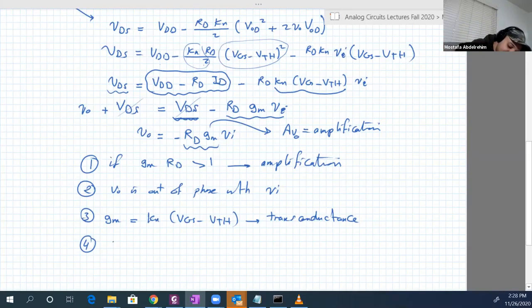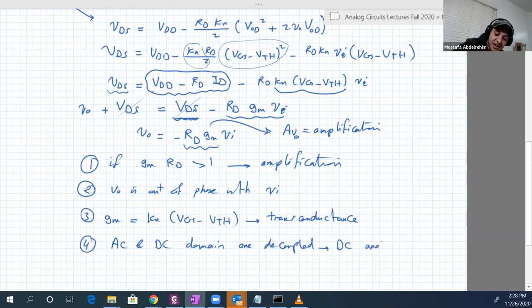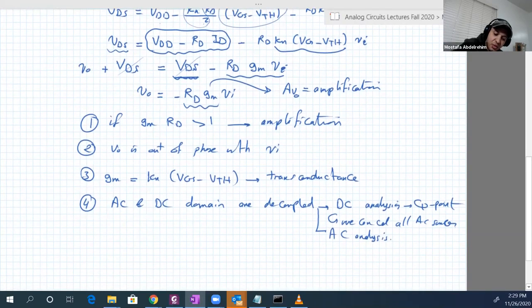So the AC and DC domains are decoupled. We will have DC analysis to determine the Q point, in which we cancel all AC sources, and AC analysis, in which we cancel all DC sources.